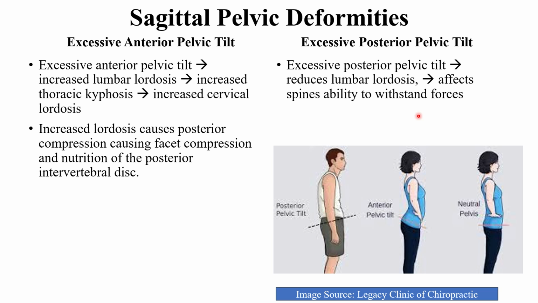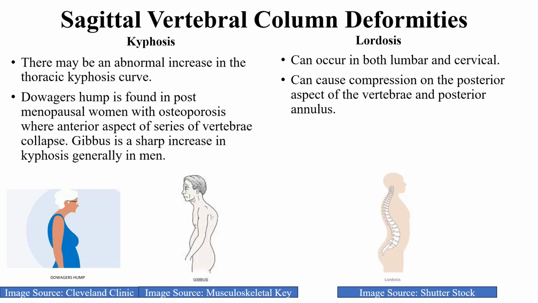If it becomes more like a flat back, where the lordosis, kyphosis, and lordosis are reduced, then its ability to withstand forces also reduces. In the vertebral column, as we discussed, the thoracic undergoes kyphosis, and the lumbar and the cervical undergo lordosis. But if the degree of kyphosis and lordosis in those particular segments is more than the optimal that is required, that can also be a pathology.